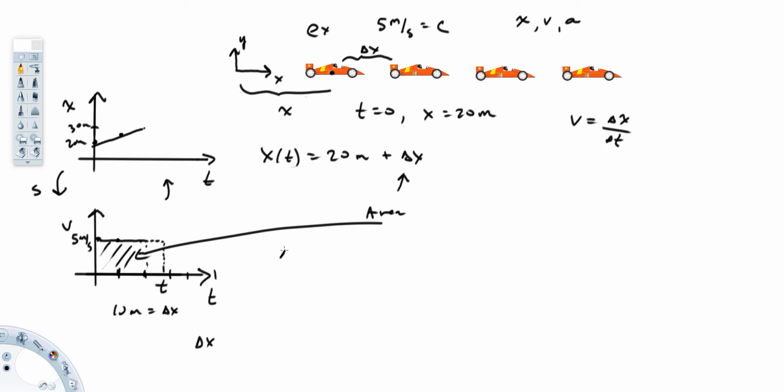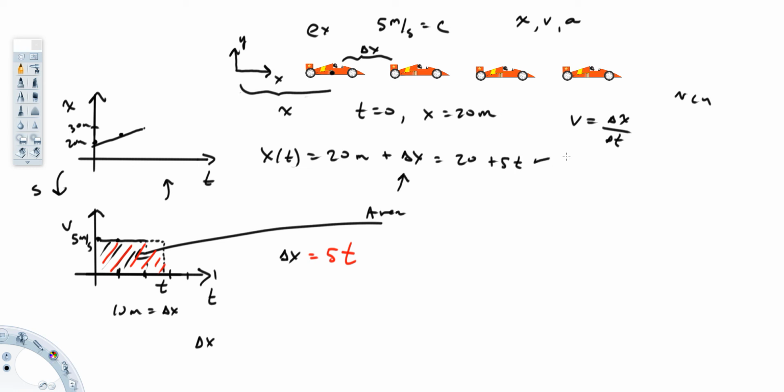Then our delta x, which is given by this area, do this in red, would equal, in this example, 5 times t. So I could actually write this function: 20 meters. Let me just leave the units out. We'll put NCU for note consistent units, plus 5t.